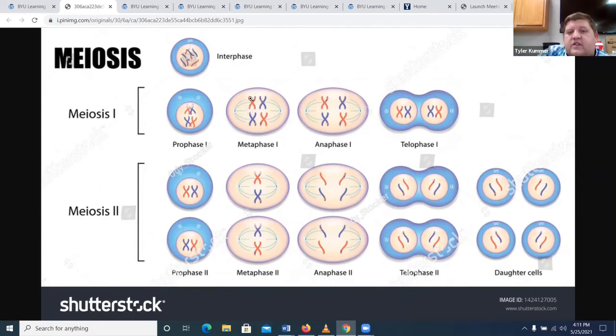And so if they were on separate chromosomes, if body color was here and wing shape was here, it would just be a 50-50 shot whether they lined up on the same side during meiosis 1, or metaphase 1. But when they're linked, they're essentially always going to be stuck together, right? The dominant alleles, in that case, they were stuck together. And the recessive alleles, in that case, they were stuck together, right?